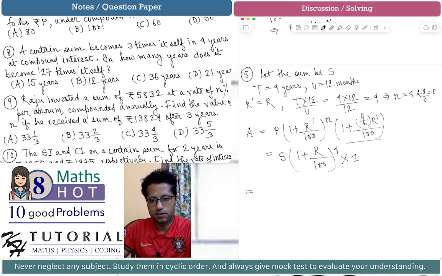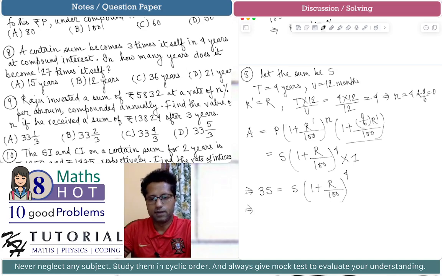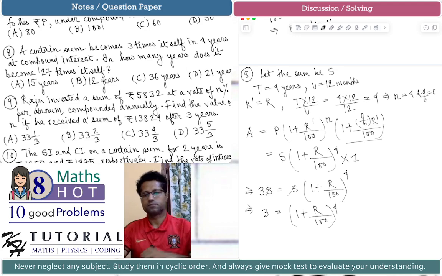So we can say the A will be 3S. So 3S is equal to S multiplied by (1 + R/100) to the power 4. So this implies we can cancel S from both sides. 3 is equal to (1 + R/100) to the power 4.